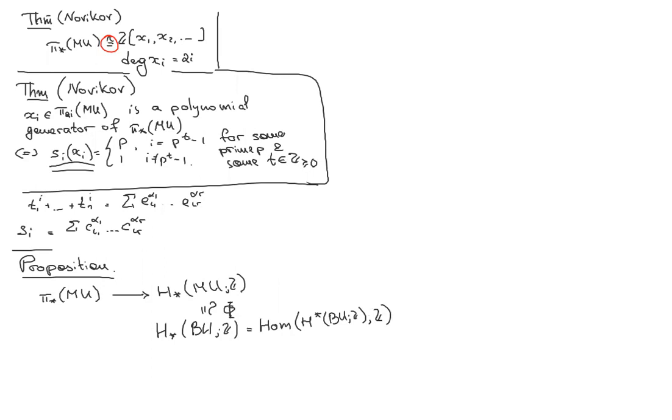And the second statement is that this is a polynomial algebra with, again, one polynomial generator in each even degree.